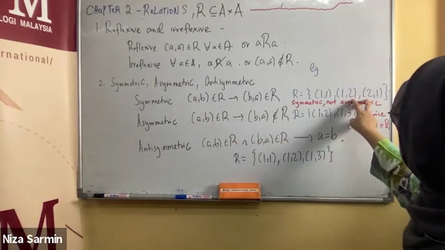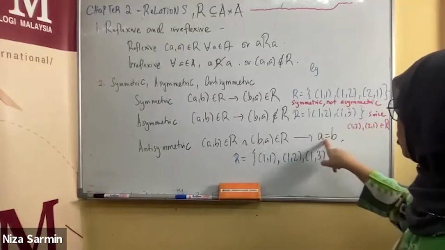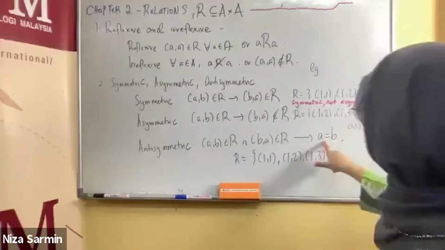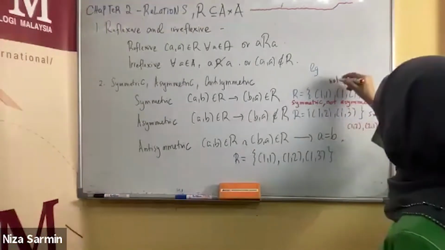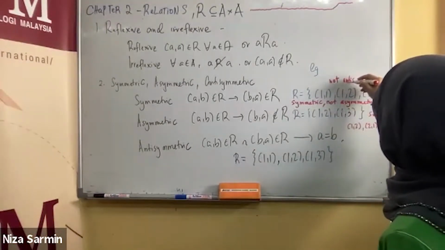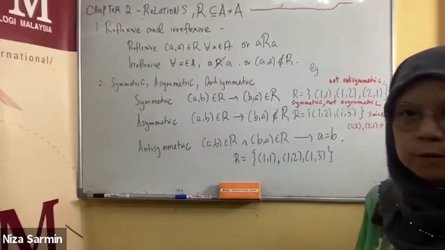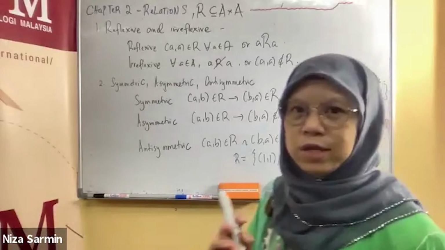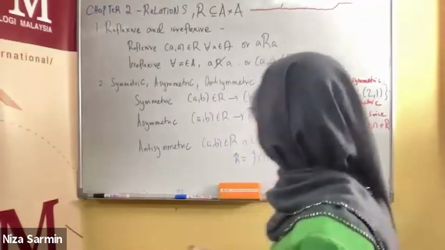But this one, true and true, but they are not equal, false, yeah? So this is not antisymmetric. It's not that hard, but you really have to understand what it means and go through some examples.